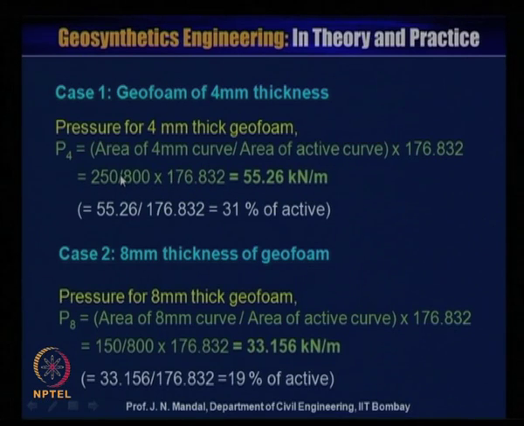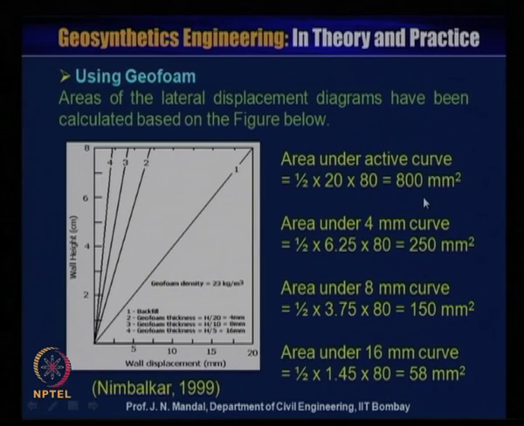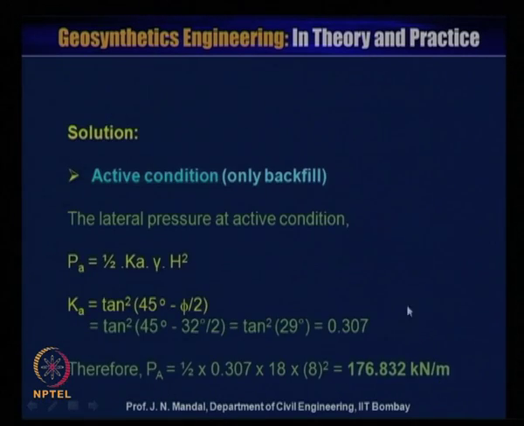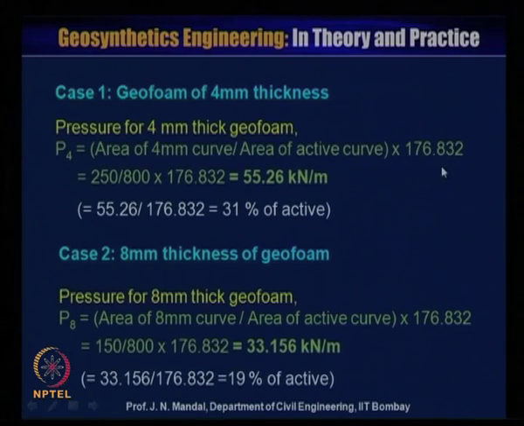This is divided by area of active curve, which is 800 millimeter square. So 250 by 800 into 176.832, which we have calculated earlier. This is the lateral pressure at the active condition, 176.832.